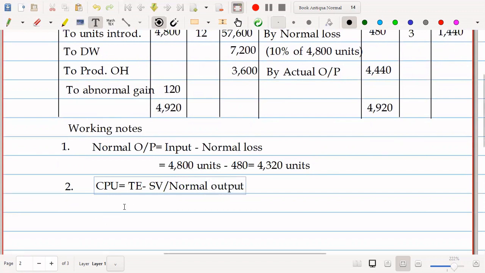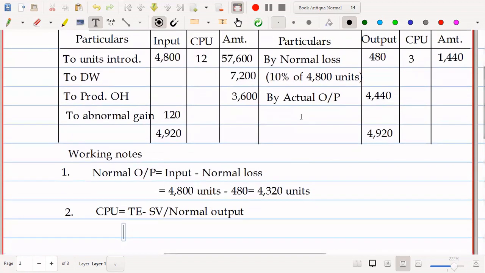Now check out the total of this. What is the total? Don't write the total here, just because we have to make an entry here. Take the total. The total is 68,400.